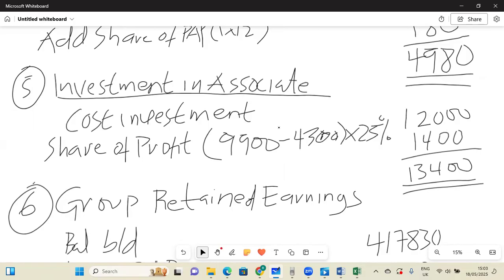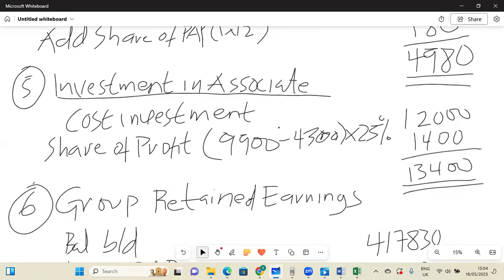And if there were to be any kind of sales between the associates and the parent, we would have adjusted it here. So if the parent sold to the associate and made a profit of, let's say, 2,000, because the parent has 25% share, we have to take 25% of that 2,000 out of our retained earnings and out of the investment in associates.